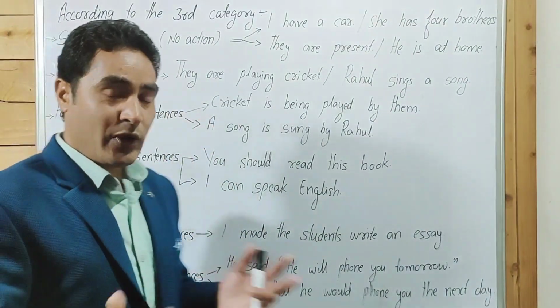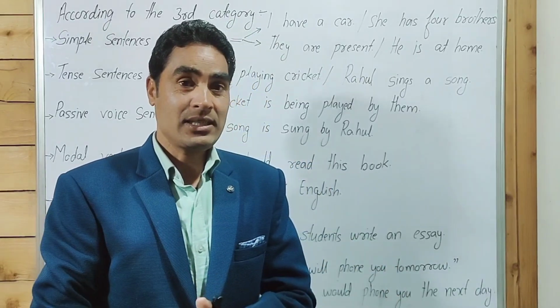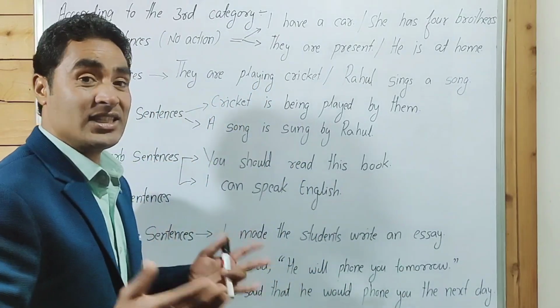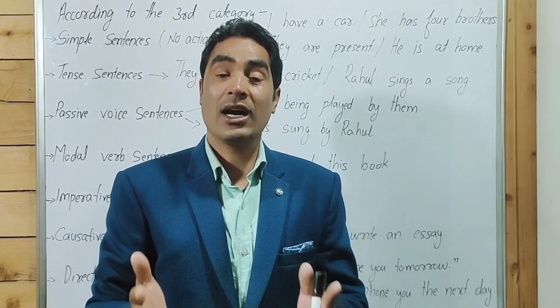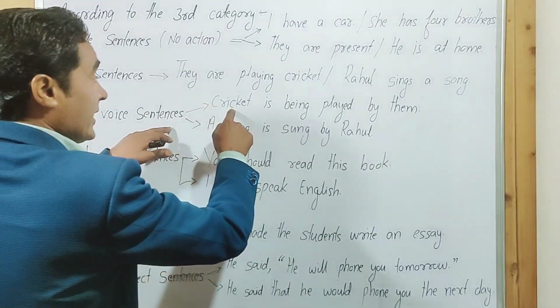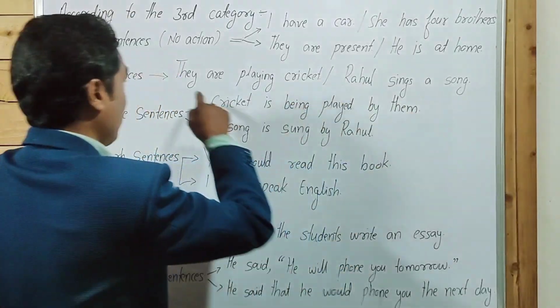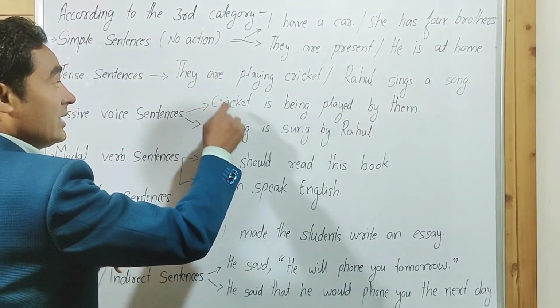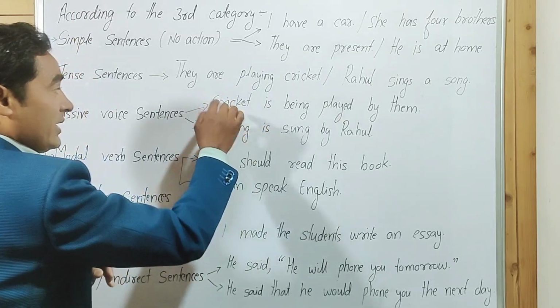In passive voice sentences, my dear friends, point to be noted: in active voice, the subject is the doer. When we talk about passive voice sentences, the subject is not the doer. The subject is a receiver. So, cricket is being played by them. Can we change an active sentence into passive voice this way?